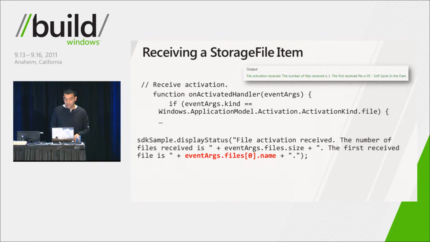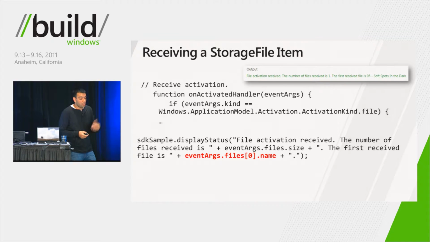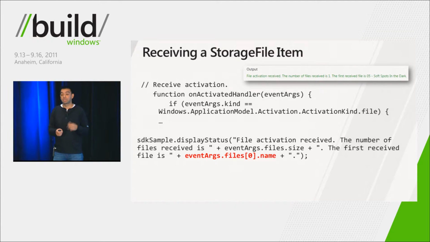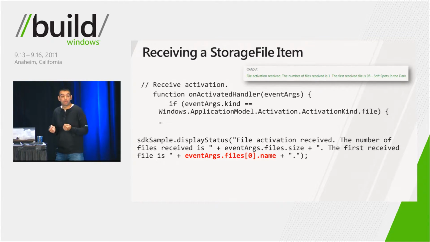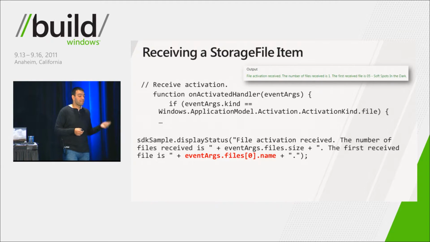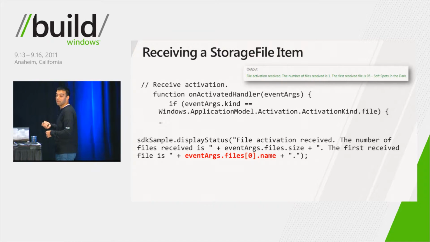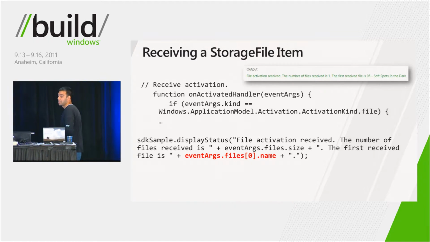That's what's shown here on the top right visually. How I got that output was essentially using these few lines of code here. Basically, the event argument that was passed to me was a storage item. Using that storage item, I could query the system for properties of that item, for example, the file name, and leveraging that, I was able to display that output, which was, hey, this was track 5 called Soft Spots in the Dark. That was passed to my application when the user selected that in Explorer.